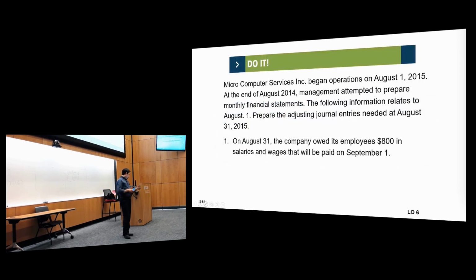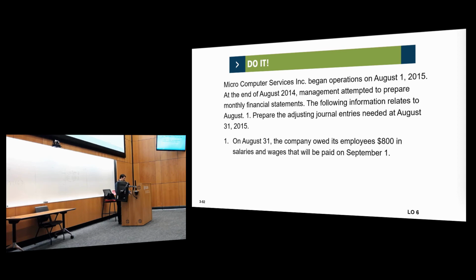So Microcomputer Services Inc. began operations on August 1st. At the end of August, management attempted to prepare monthly financial statements, and the information relates to August 1st. They prepared the adjusting entry on August 31st.